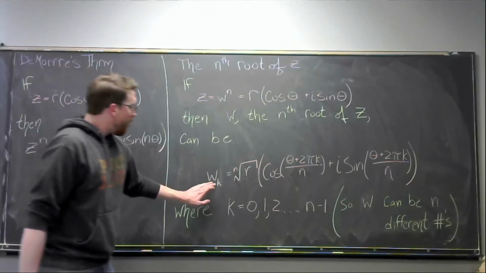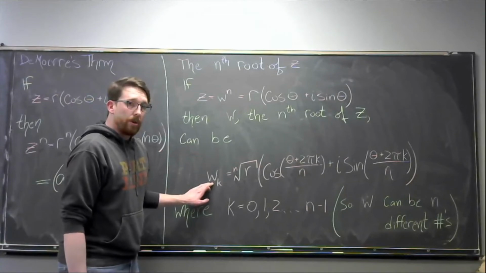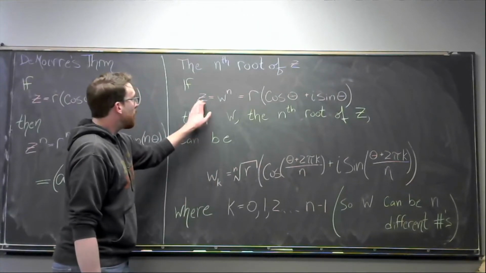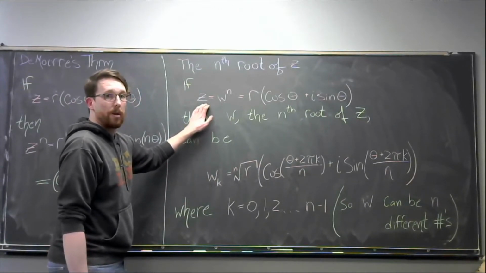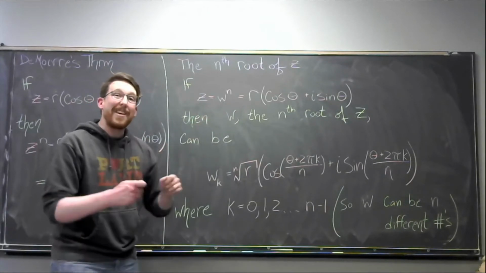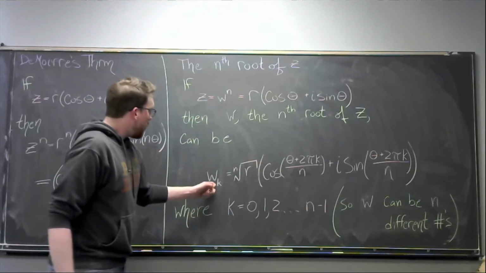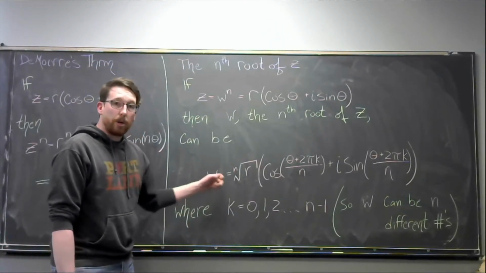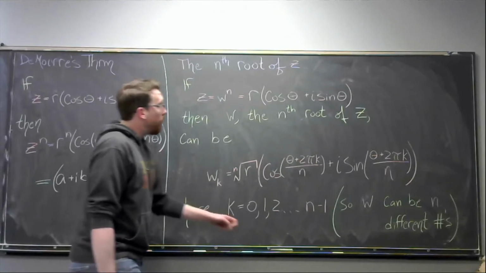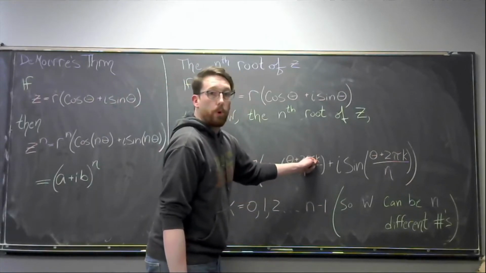So the nth root of some complex number z, you're going to have n many possible answers. We denote them typically using a subscript that reflects which root we're looking at.